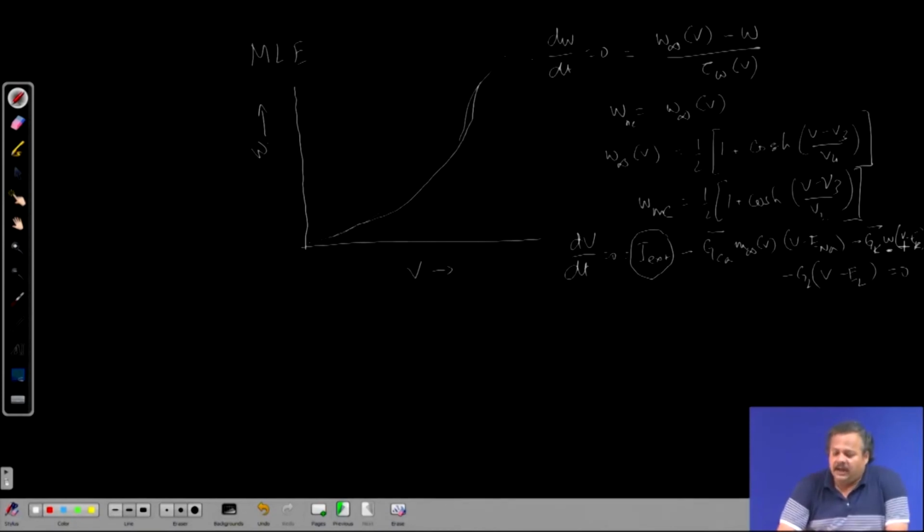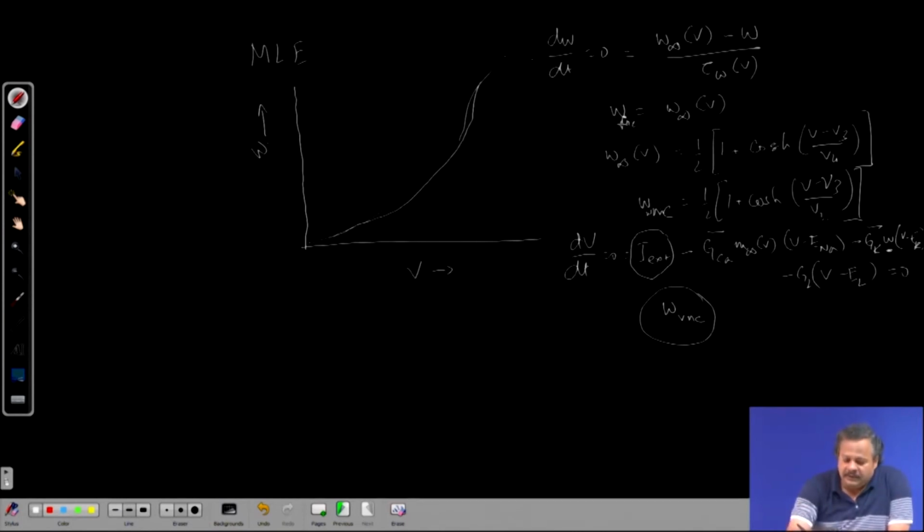Rearranging this, we can easily show the V nullcline, and the W values along the V nullcline are what is being represented here. And for more clarity, let us put a W nullcline in here.